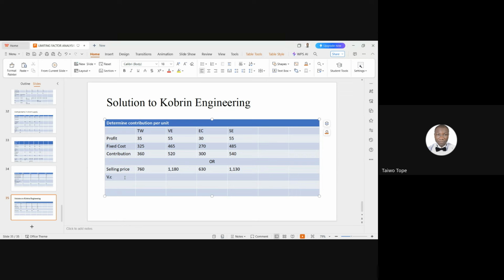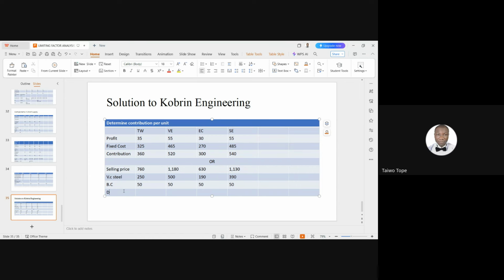Steel: 130, 250, steel 500, steel. And for bought-in components, let me make it BC. This is what? 50. This is what? 50, and this is 50.